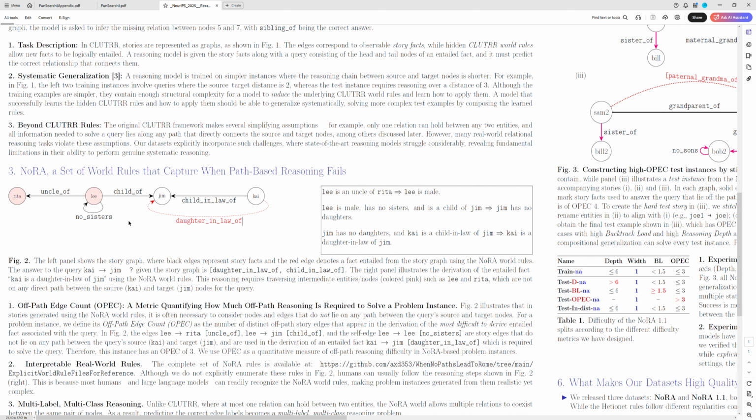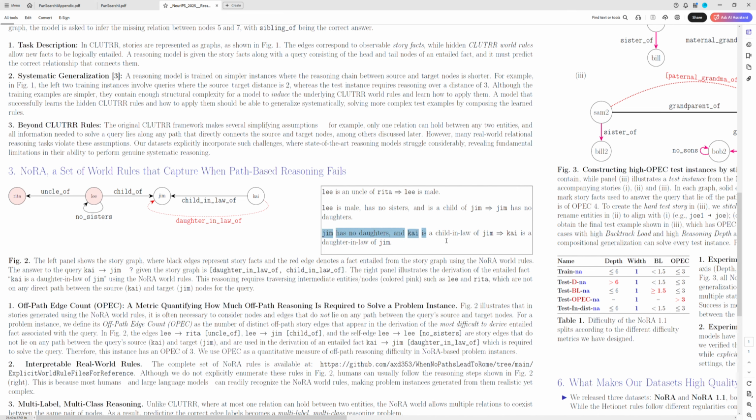So how you solve this query is as follows. First you note that Lee is an uncle of Rita. That's a story fact. That means Lee is male, since a Nora world rule is that uncles are male. So now you have Lee is male. Lee has no sisters. And Lee is a child of Jim. So if Jim has a sisterless male child, that means Jim has no daughters.